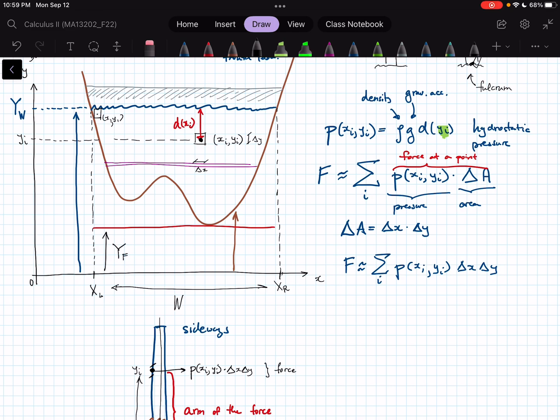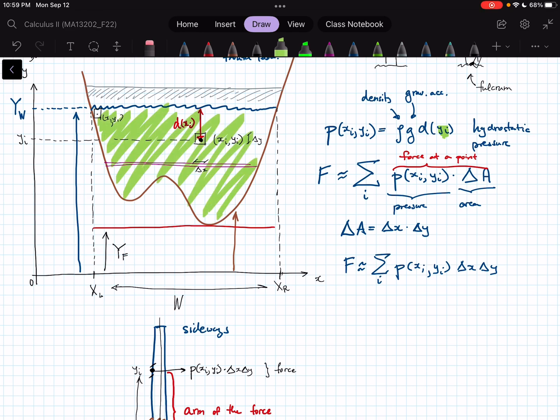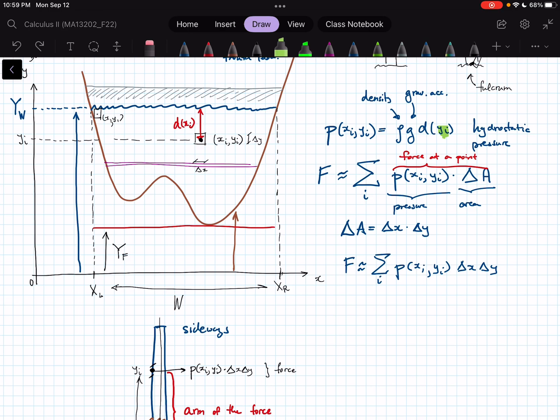Why is that? We imagine that the entire area of our dam acts as one solid object, not as individual vertical strips, meaning that that solid object has a single hinge around which it is rotating, as if you are opening a flap of a bag, for example.